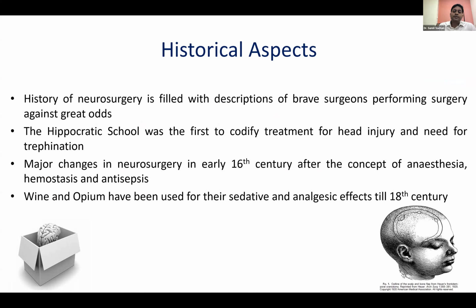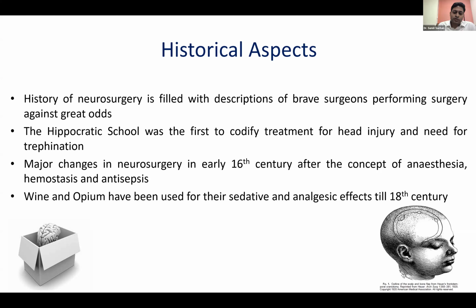The brain was considered to be a black box, and where to enter was a tough question. The Hippocratic school was the first to codify the treatment for head injuries by doing trepanations. The major changes in neurosurgery came in the early 16th century once the concepts of anesthesia, hemostasis, and antisepsis came.